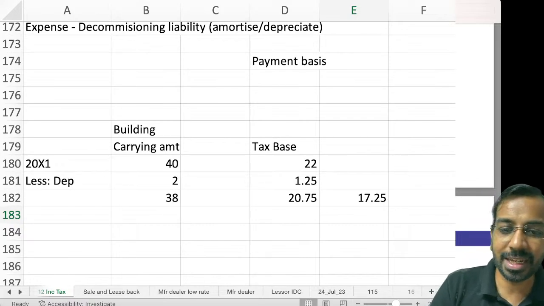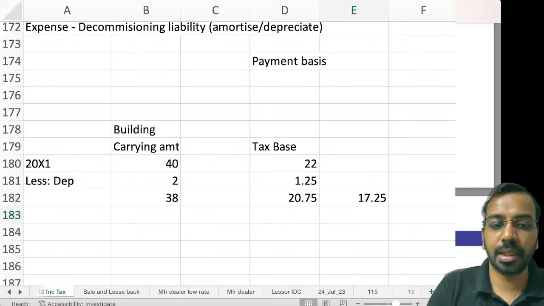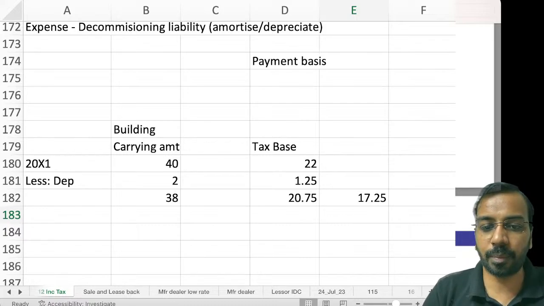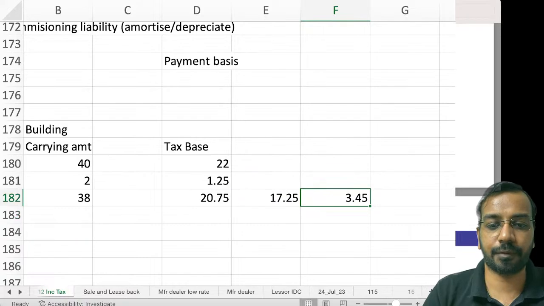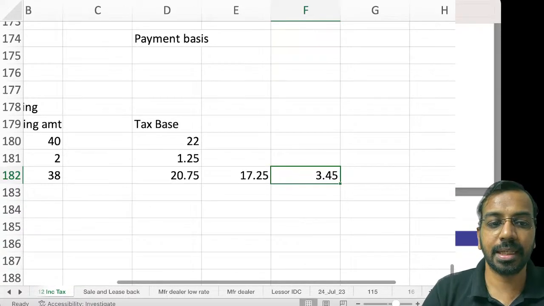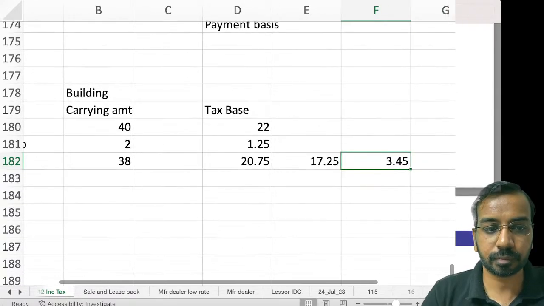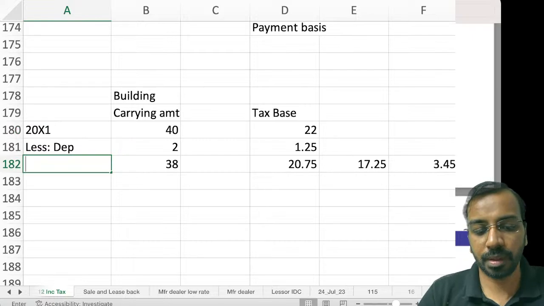Now this 17.25 crores, the difference between the tax base and the accounting base, what is the DTL impact of this? The DTL becomes 3.45, right? This is as on year 2.